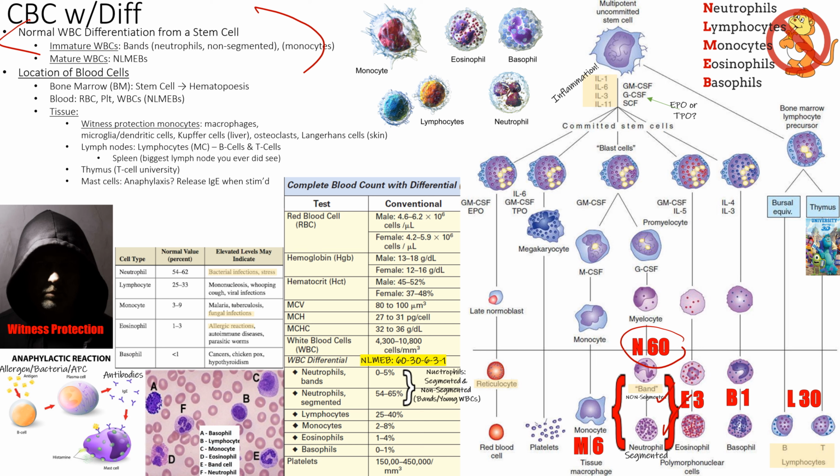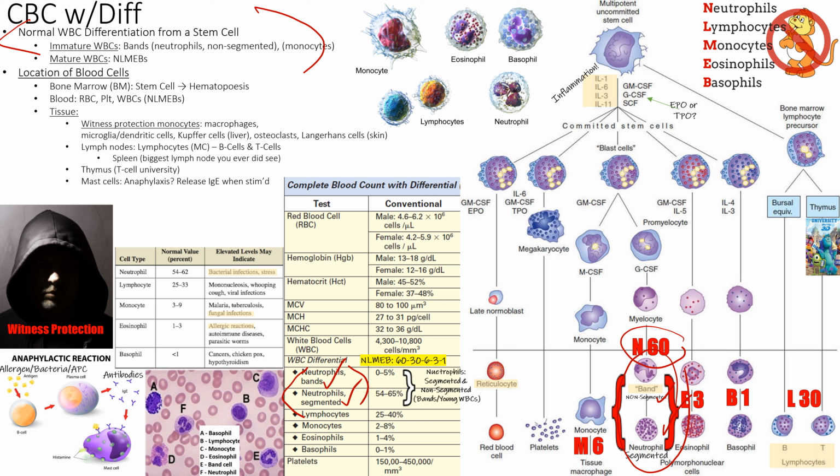Sometimes your CBC on the computer, especially our computer, doesn't tell you that they're both neutrophils. You just have to know that neutrophils can be segmented, or non-segmented, or they could be bands or segs, or polymorphonuclear or mononuclear. And then they just hope that you know which one's which. So that 60% is a combination of both.